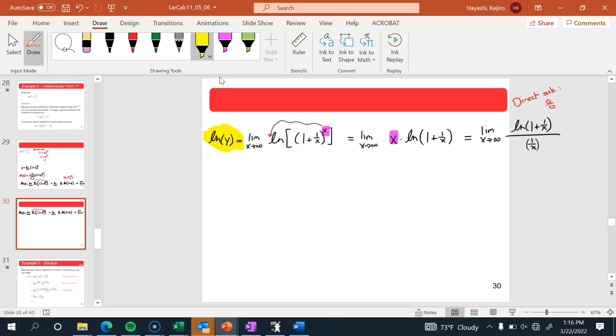So natural log of y is this thing that does result in an indeterminate form 0 over 0. So use L'Hopital's rule.